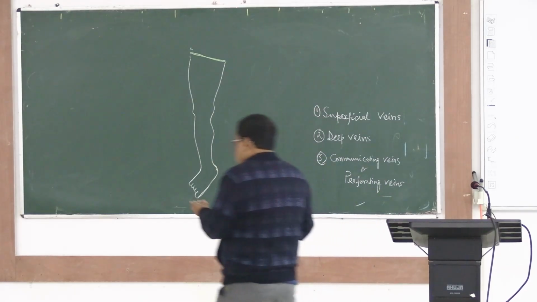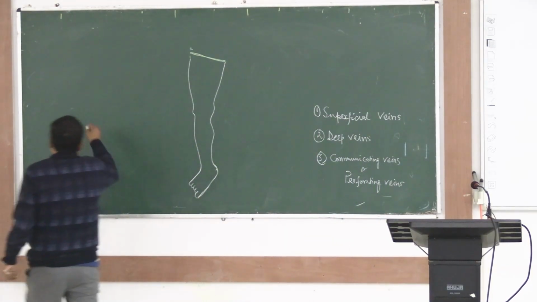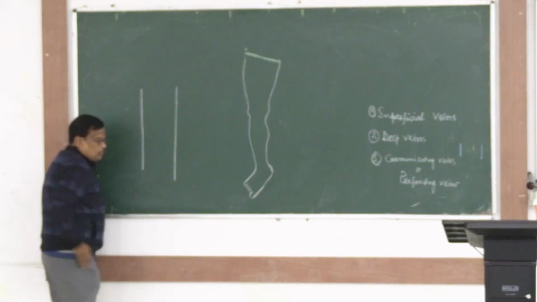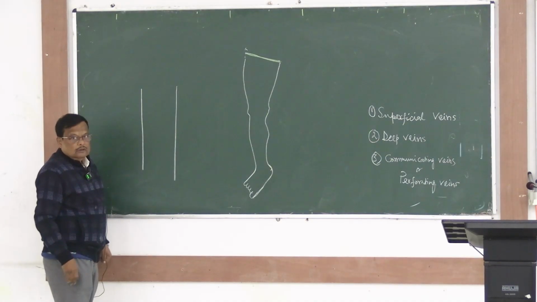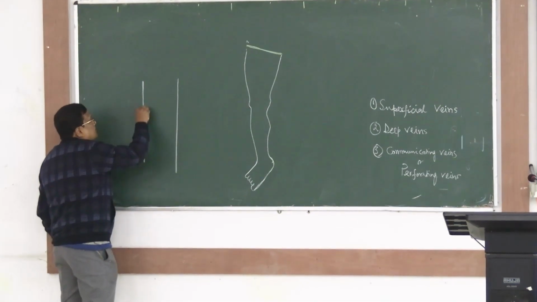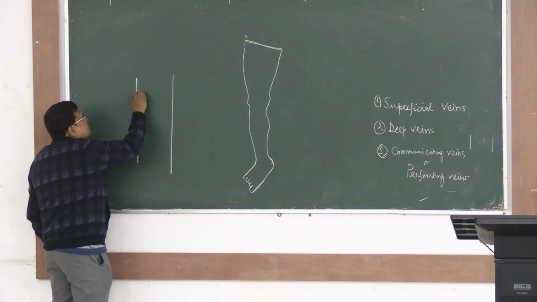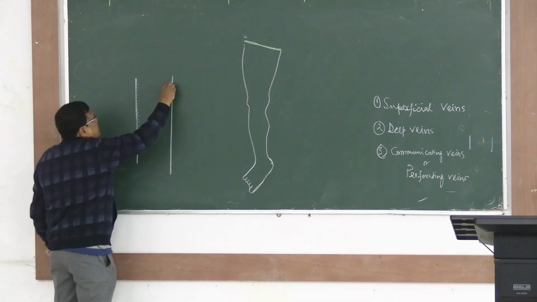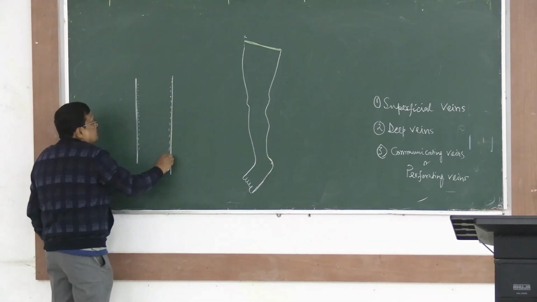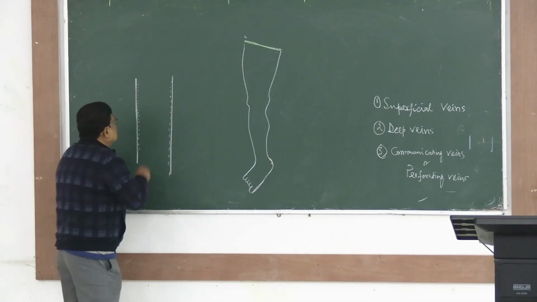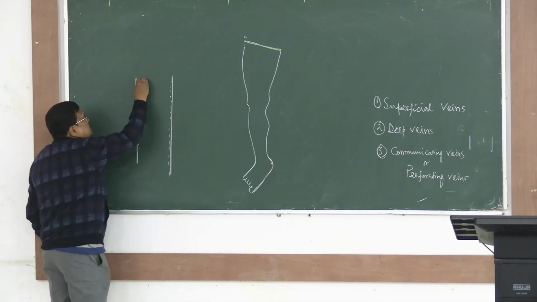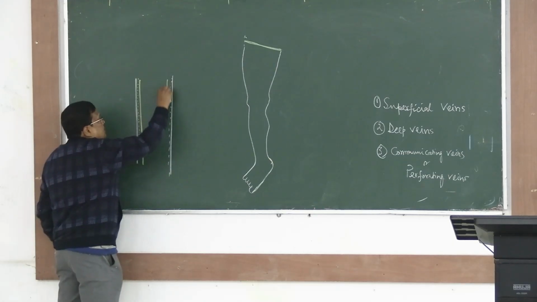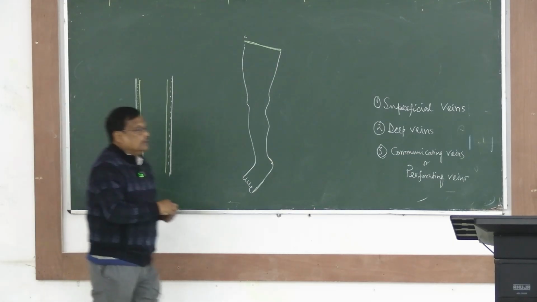So, we are viewing from the lateral side. This is the skin. Deep to the skin is the superficial fascia, the backside skin and superficial fascia, and deep to the superficial fascia is the deep fascia.